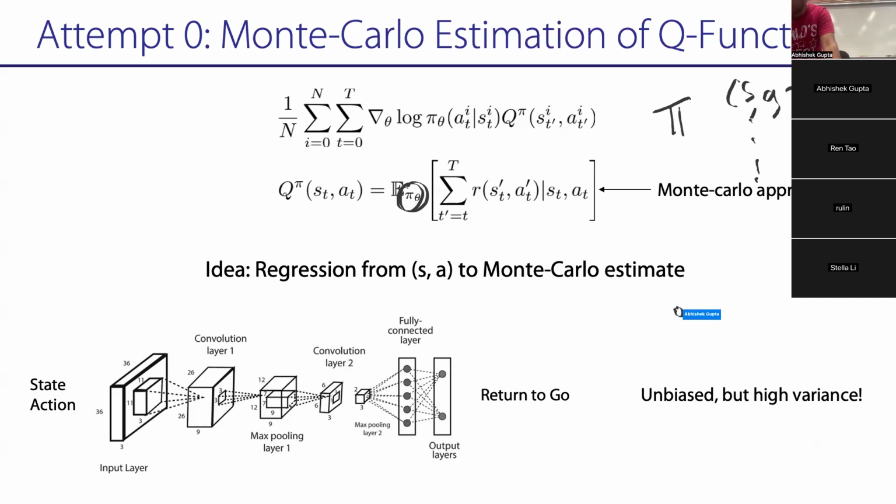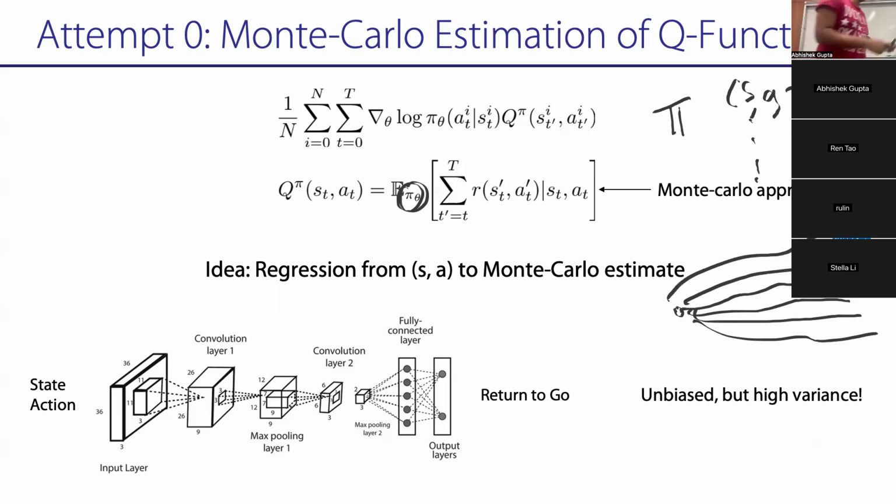And the second thing is that you are taking entire trajectories and using that to regress your Q functions. And so it has the same coupling between actions. How good this transition is is coupled with all the things in the future.